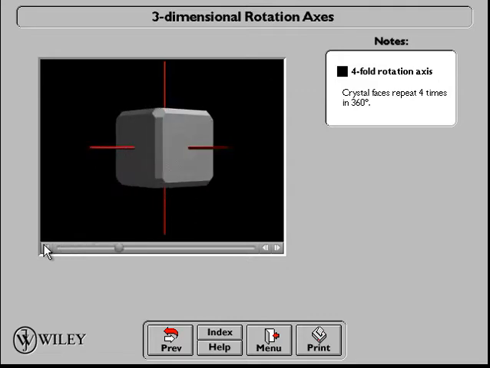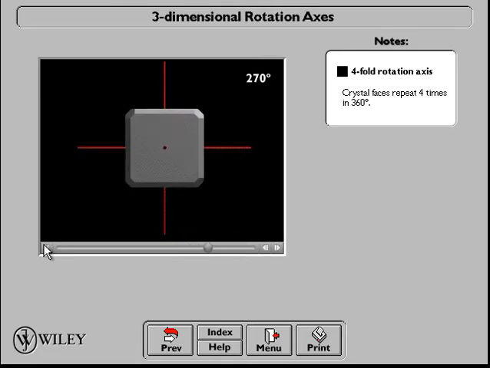First time after 90, second time after 180, third time after 270, and the fourth time at 360 degrees, which means we are repeating all 4 faces 4 times in 360 degrees, and then we are talking about the 4-fold rotation axis.